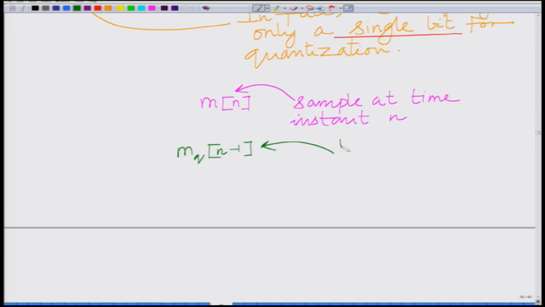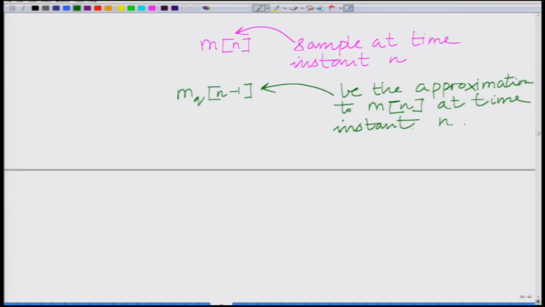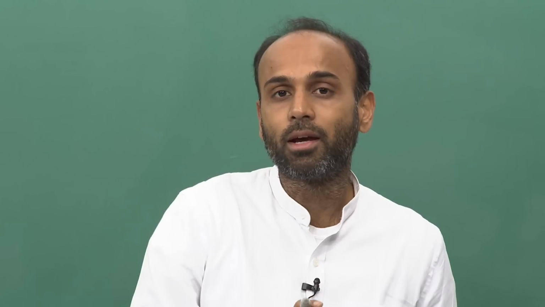We are going to show how we derive this MQ[n-1]; M[n] we get from the sampling, and MQ[n-1] is the quantized approximation to M[n] at time instant n.